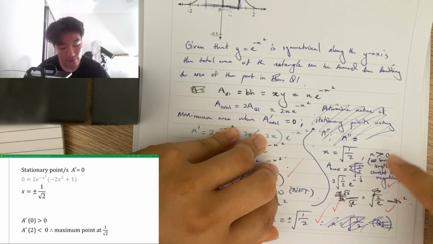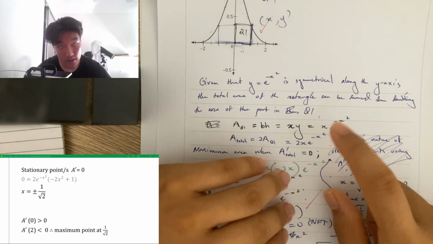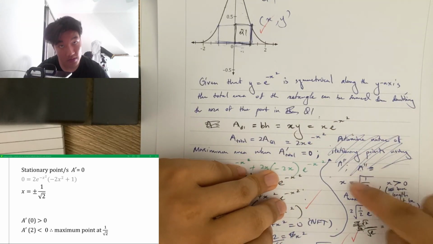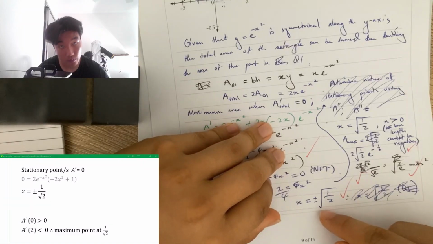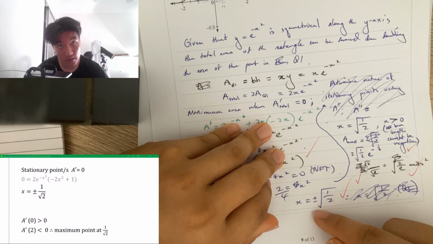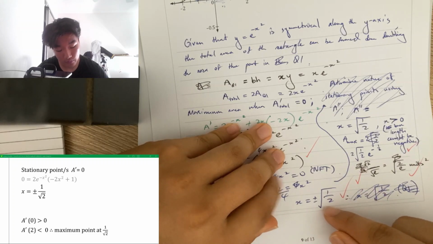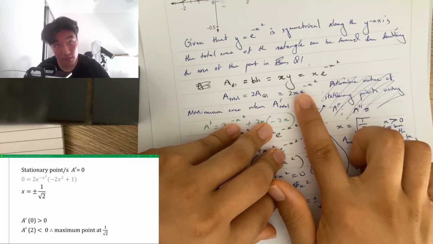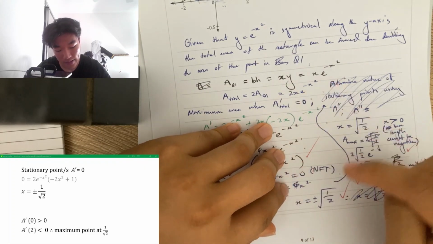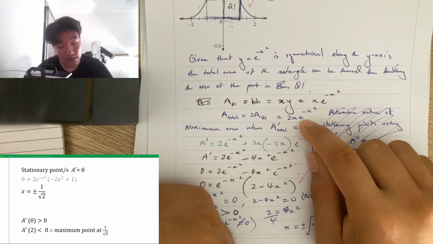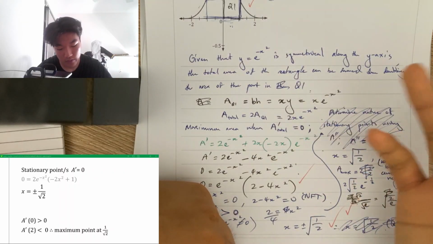because if x is negative here, let's say the negative solution was correct, and we subbed it in the area function. We know that e to the negative x squared is positive.